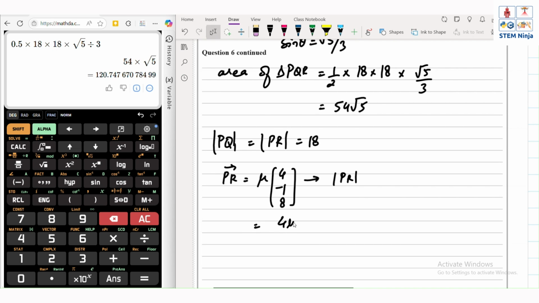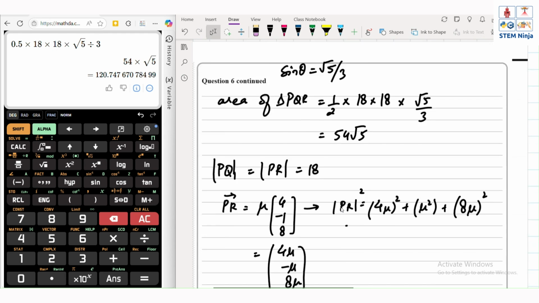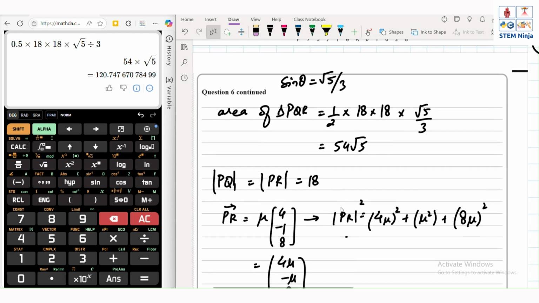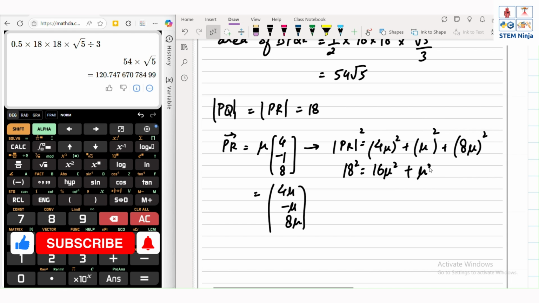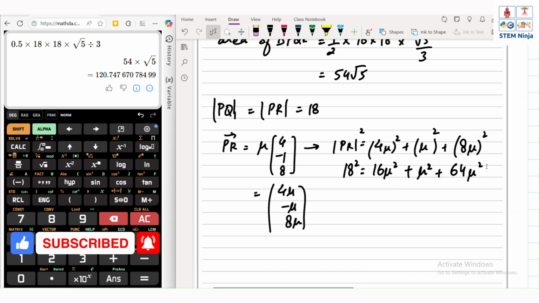So this would become 4 mu, this would become minus mu, this is going to be 8 mu, PR. So PR squared would become (4 mu) squared plus mu squared plus (8 mu) squared, and that is equal to 18 squared. So 18 squared is equal to 16 mu squared plus mu squared plus 64 mu squared.